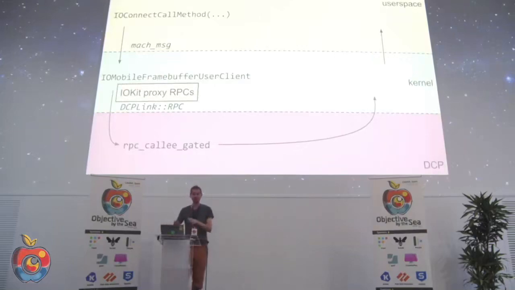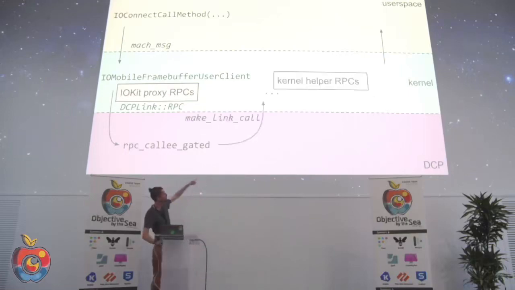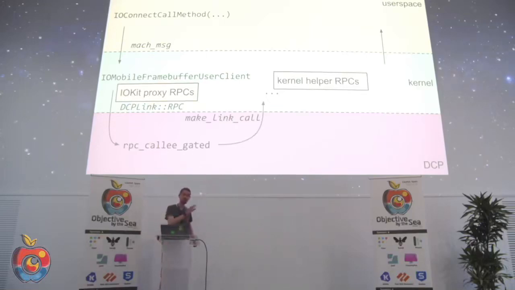And this is exactly what this in the wild exploit was doing. It was building fake objects on the display coprocessor that themselves would make these kernel helper RPCs from the display coprocessor up to the kernel and back to the coprocessor to map arbitrary kernel memory such that from user space, they could interact with the DCP and simply read and write kernel memory.